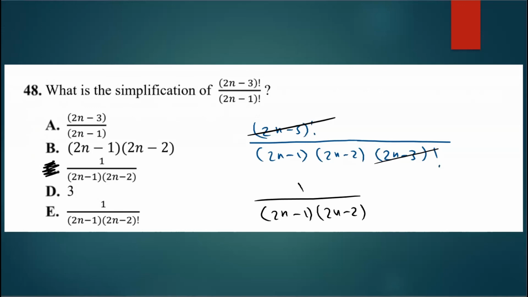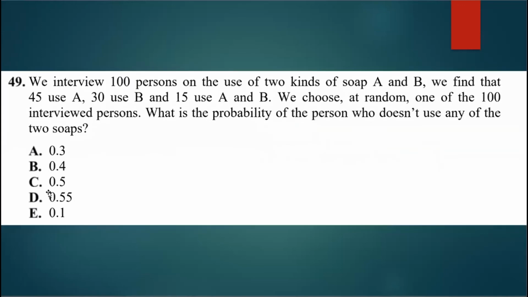Okay, 2 more questions to go. We interview 100 persons on the use of 2 kinds of soap, A and B. We find that 45 use A, 30 use B, and 15 use A and B both. So I will need to sketch a Venn diagram for this one.